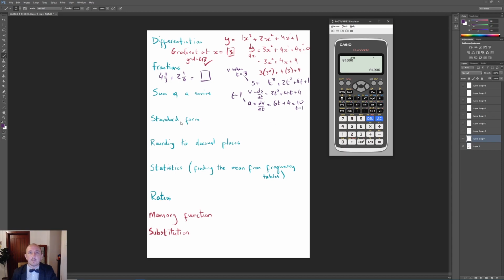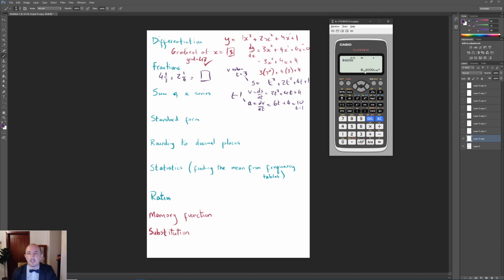But sometimes you're asked to turn 84,000 into standard form. So I'm just going to show you another function here where we've got number format and we can turn it into SCI here. We can select the number of digits that we want, so let's just choose 5. That's the number of digits that it's put in.